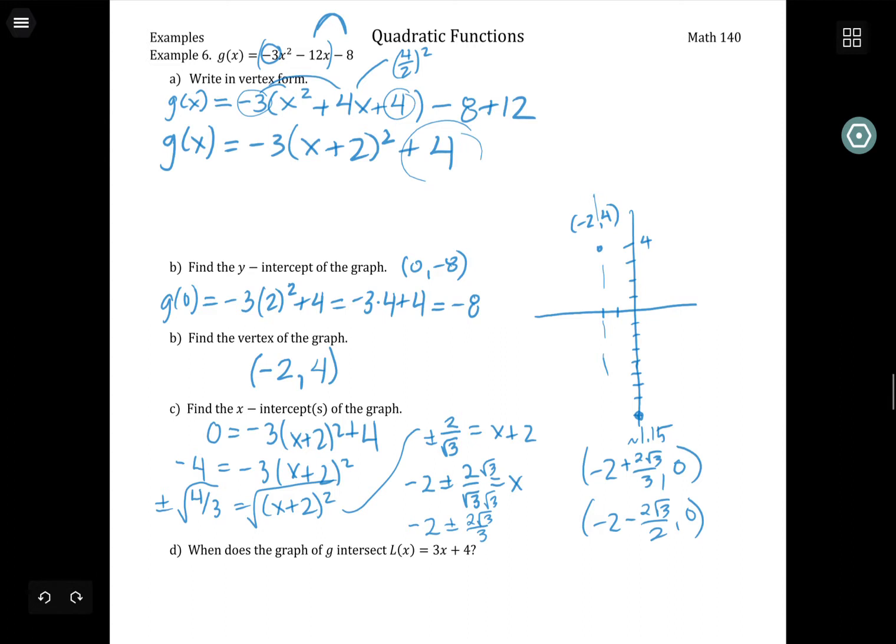So we're going to go 1.15 to the right, and we're going to go 1.15 to the left. My pen's quitting. And that is where we cross the axis. So again, write it down exactly, but on your graph, you can just kind of approximately figure out where that's going to go. Try and make sure these don't have points. They should be rounded.